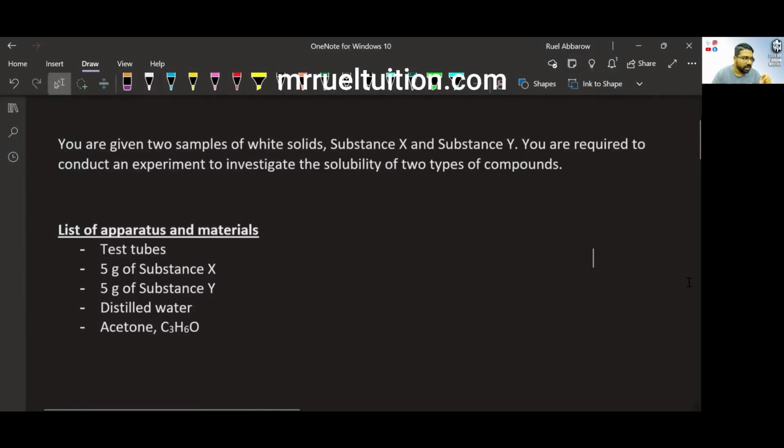The first thing you need to do after reading the question is to determine your MV and your RV, manipulated variable, responding variable. That's the first thing we must determine. So after investigate, usually that's where the MV and RV is. So here we have two things, solubility and two types of compounds. So which is the MV and which is the RV?